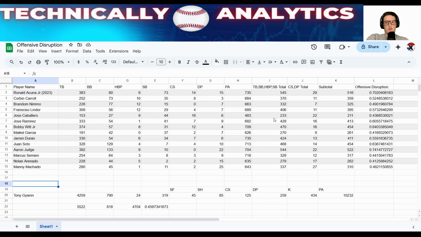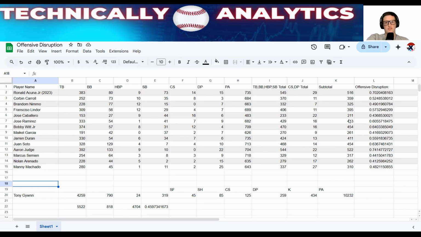Then this is the total of the first few, from total bases to stolen bases, and this is the total of caught stealing and double plays. You subtract these two from those four stats to get the subtotal, and then you divide by the plate appearances, and then you get the numbers.